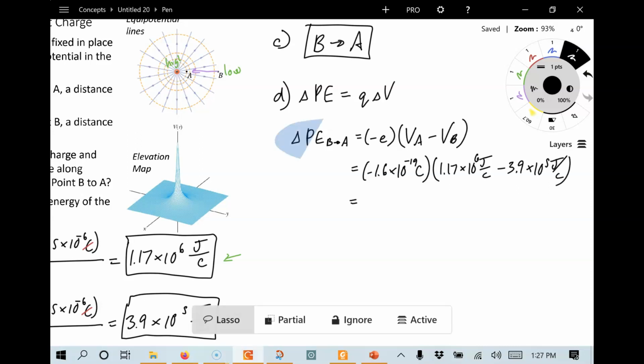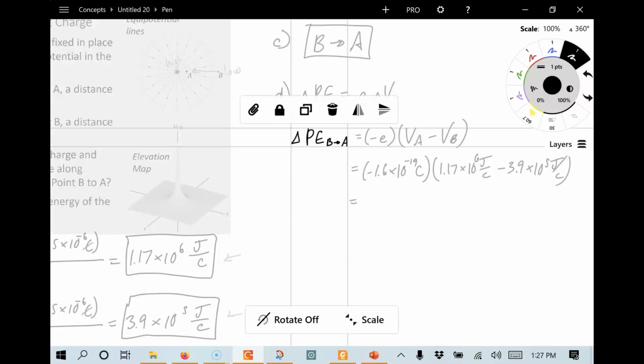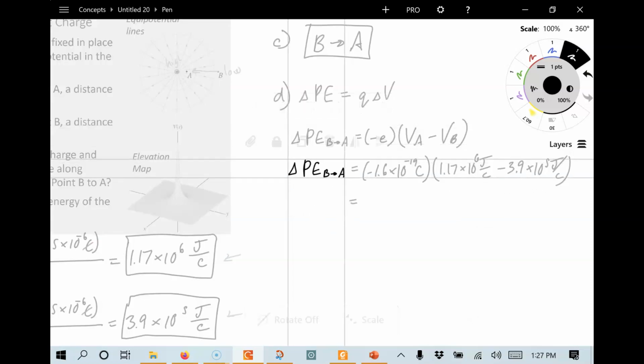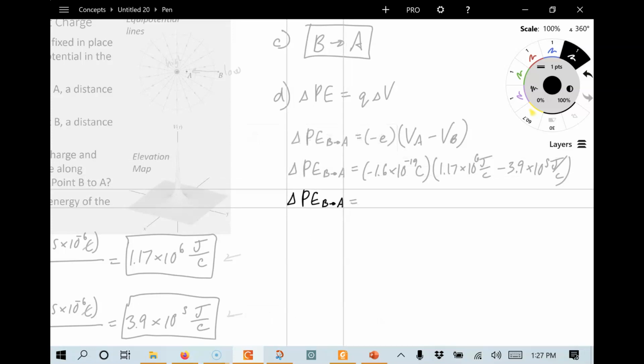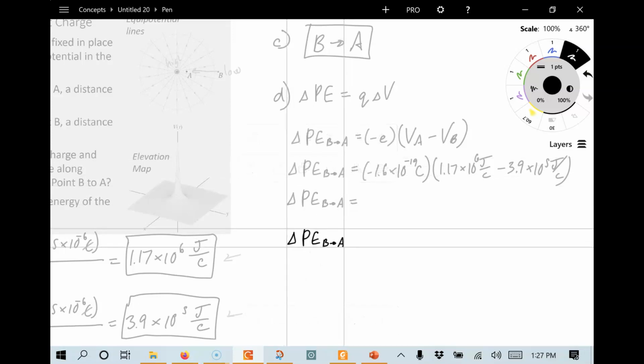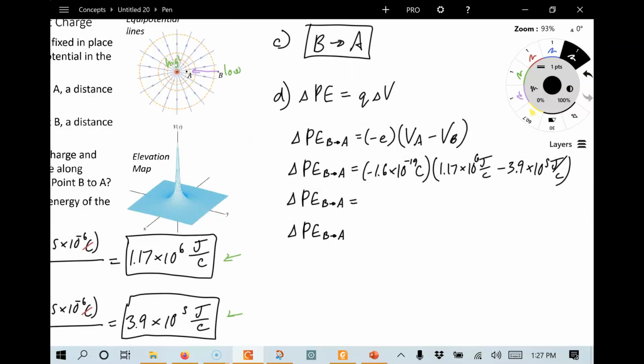And at this point, let me just calculate the voltage here for a second. I'm going to leave this electron charge here for the moment. And the number here, delta V, comes out to 7.8 times 10 to the 5th joules per coulomb.